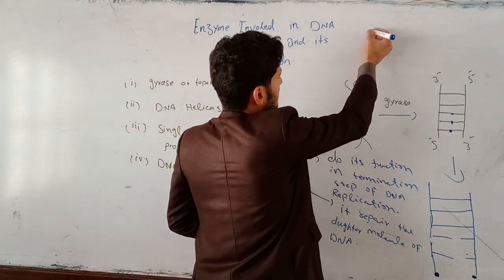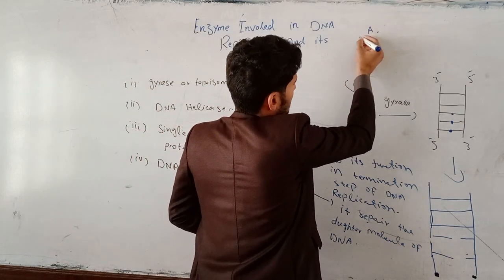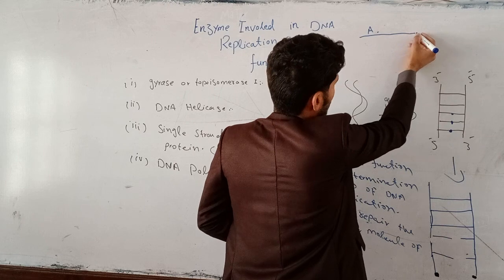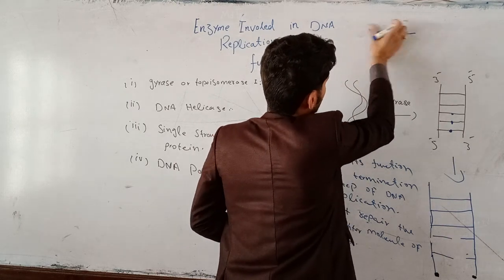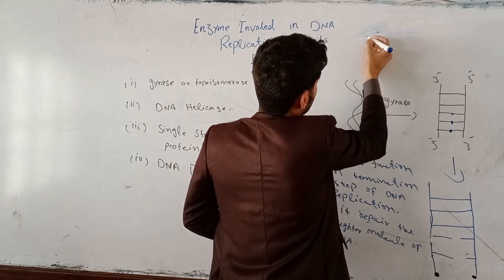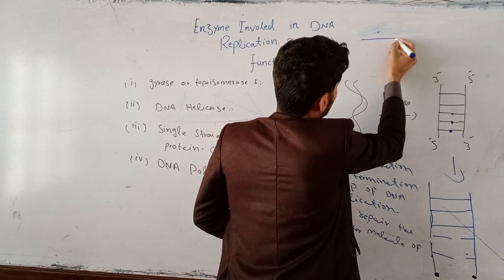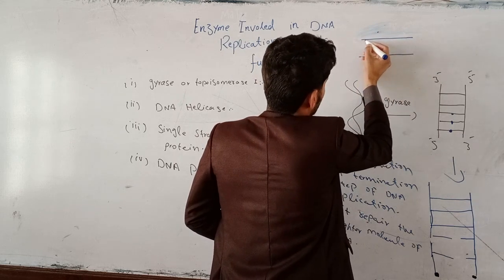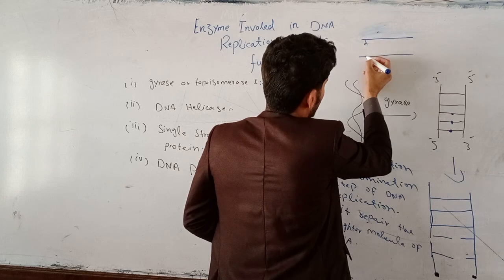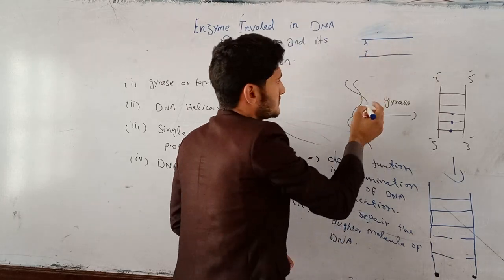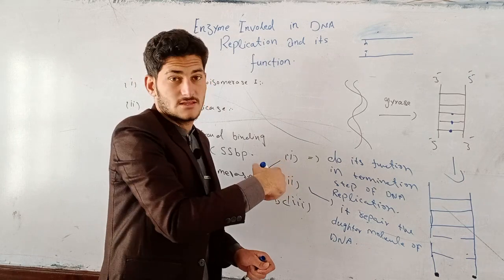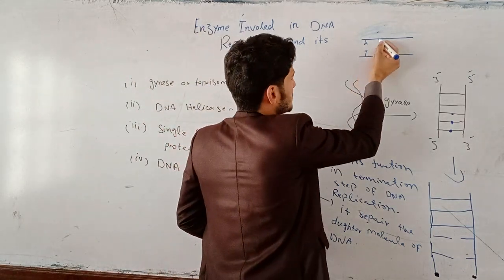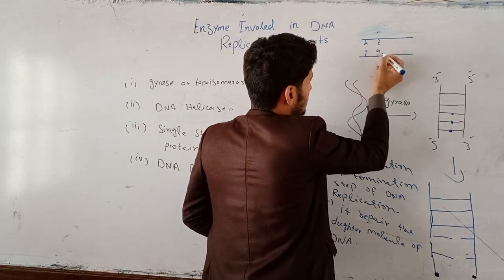I want to draw the diagram of a DNA molecule. This is one strand and this is the other strand. This is the A and this is the T. We know that adenine matches with thymine and cytosine matches with guanine.